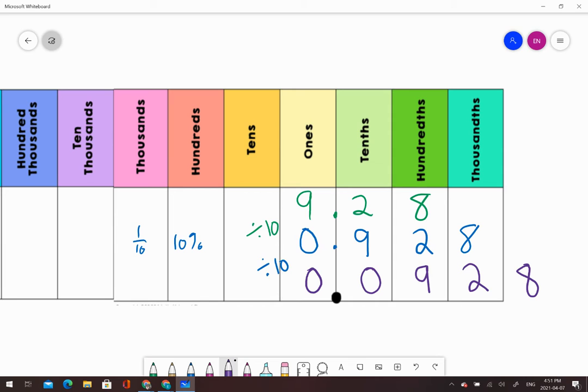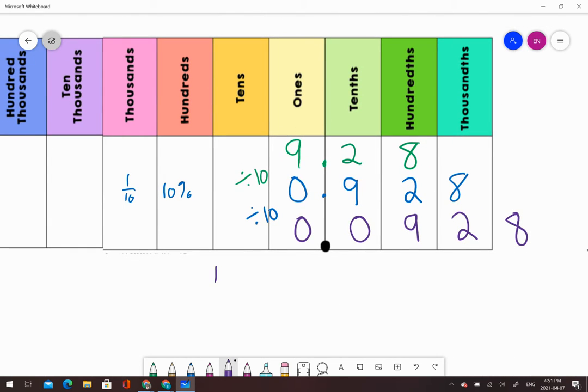So I can say that 1/100th of $9.28 is this number here.